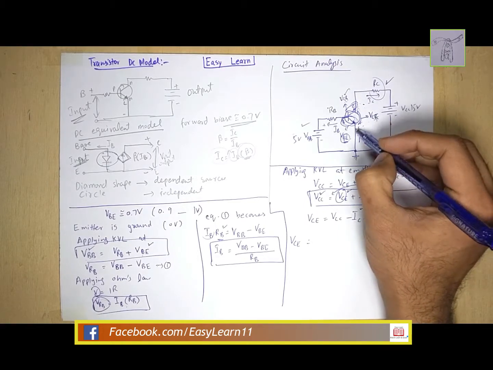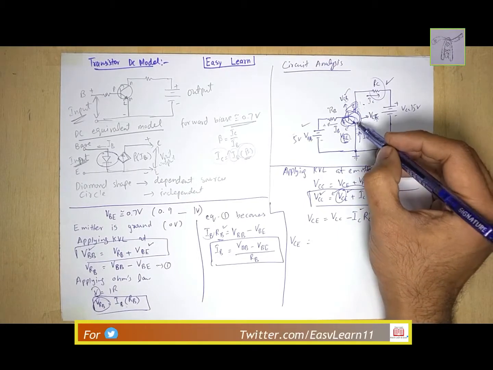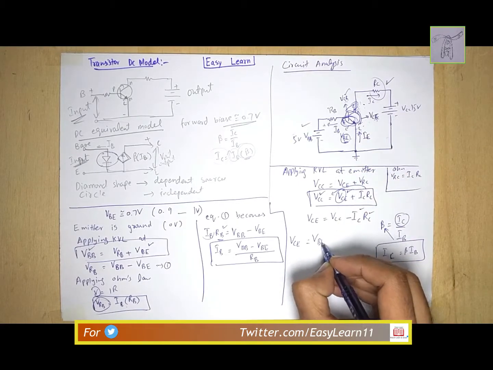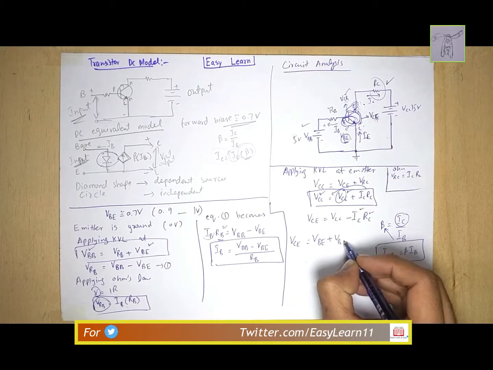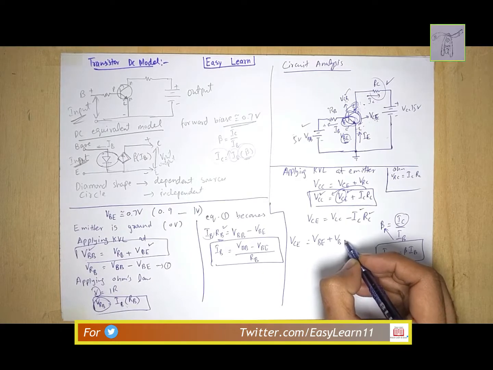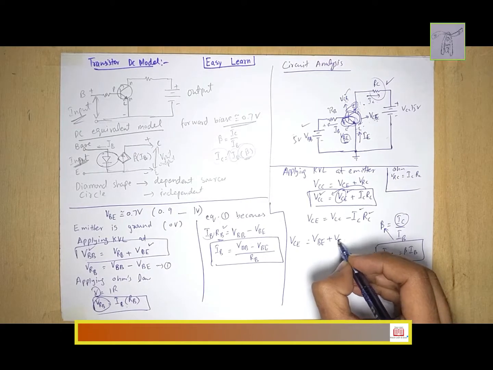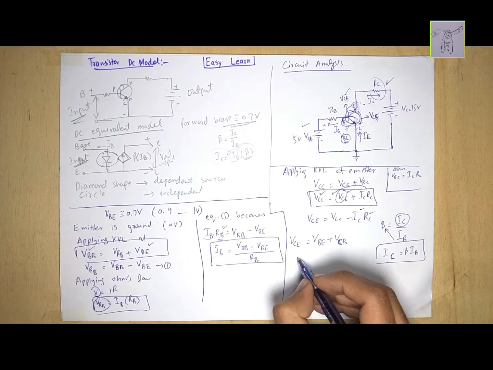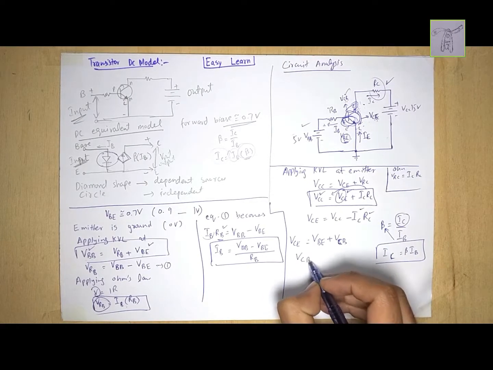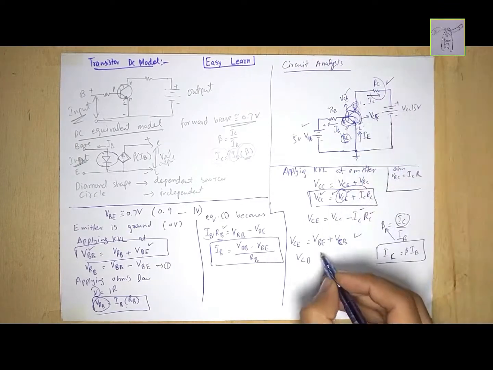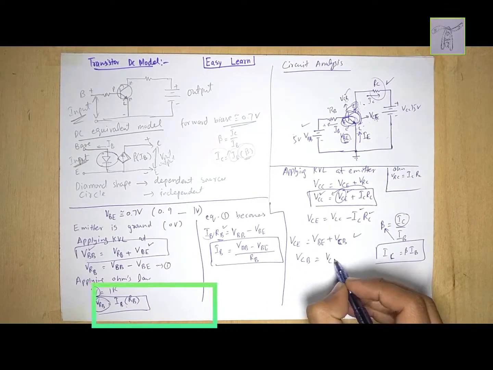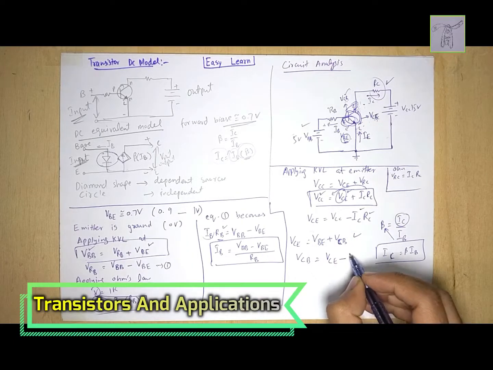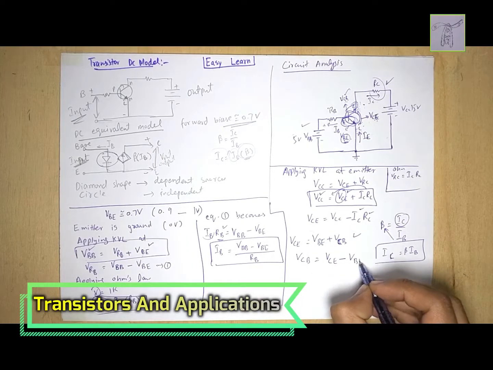This is the total voltage across the collector and emitter, and it is divided into base emitter plus collector base. So if we want to calculate V at CB, it is equal to VCE minus, this goes to the other side and the sign is changed, VBE.